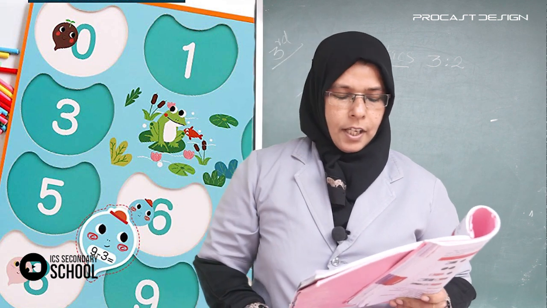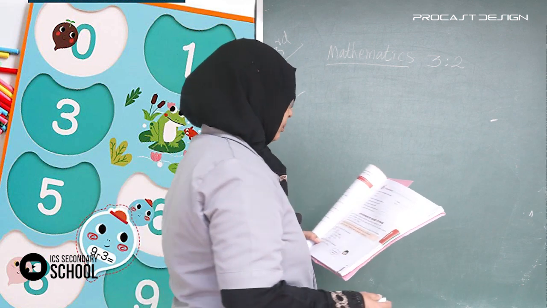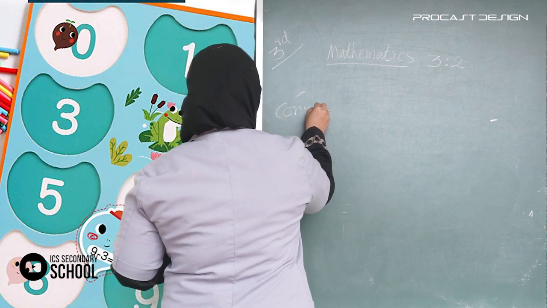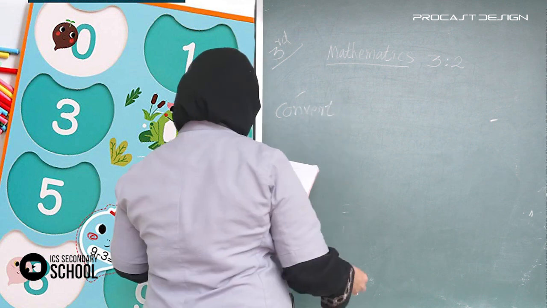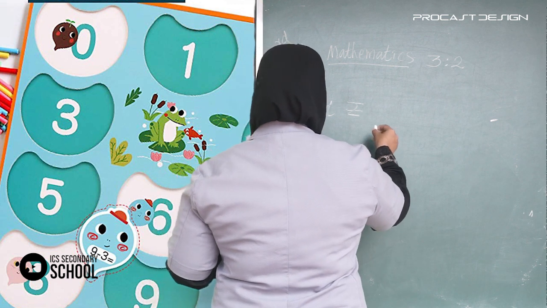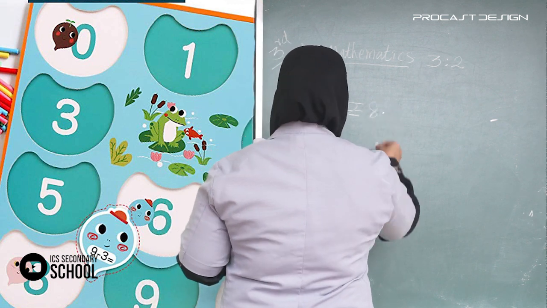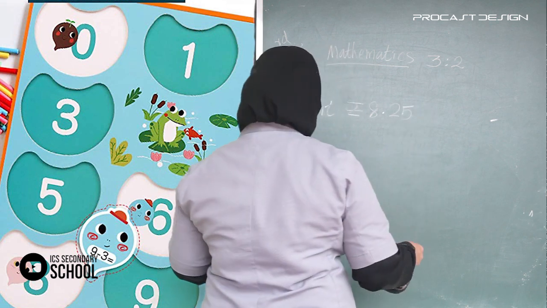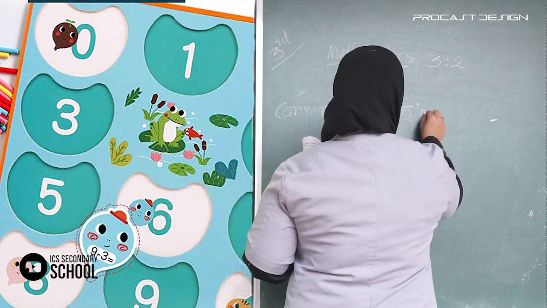For example, convert Rs 8.25 into paise.